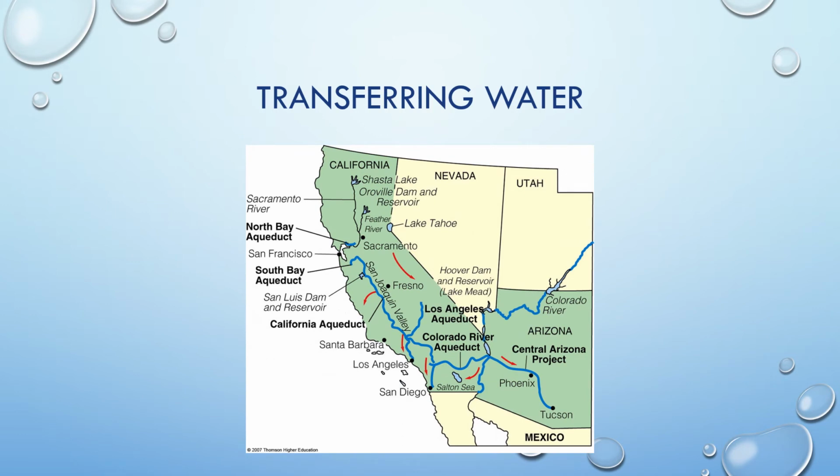Another issue is the need to transfer water. Some areas have plenty of water for what they need it for, agriculture and so on, but other places, either because of higher populations or a drier region, or because they have agriculture going on in areas where there's not as much water, need water transferred.